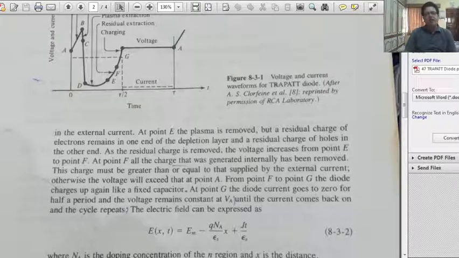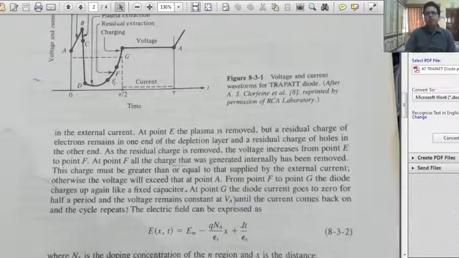At point E, the plasma is removed. So from C, we go from here to here, and up to this point, plasma is removed. That means a long time is necessary for it.